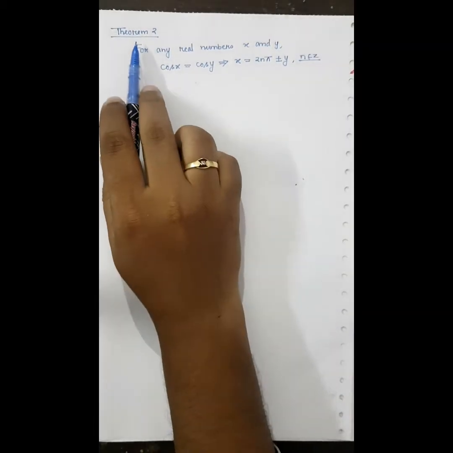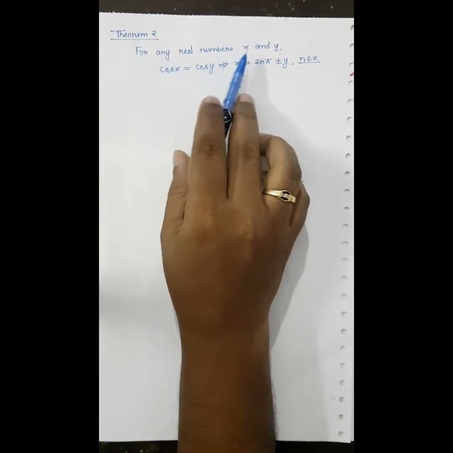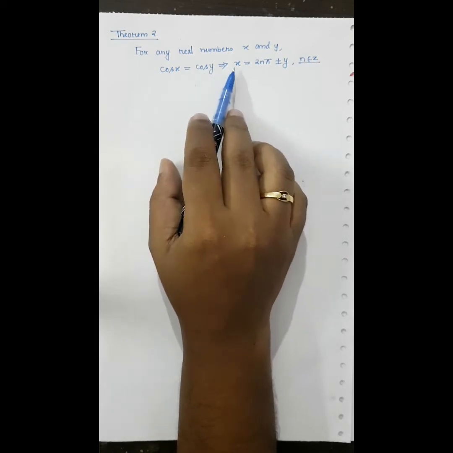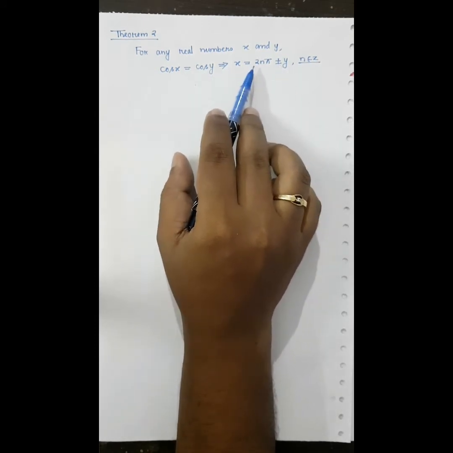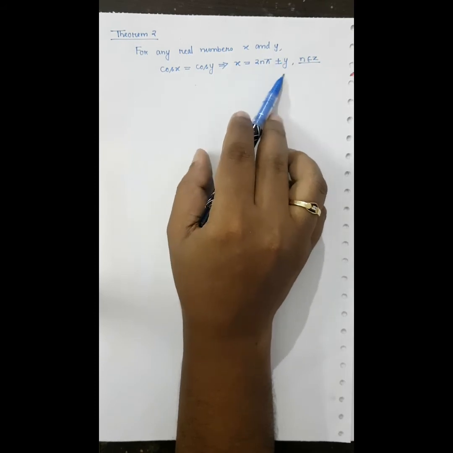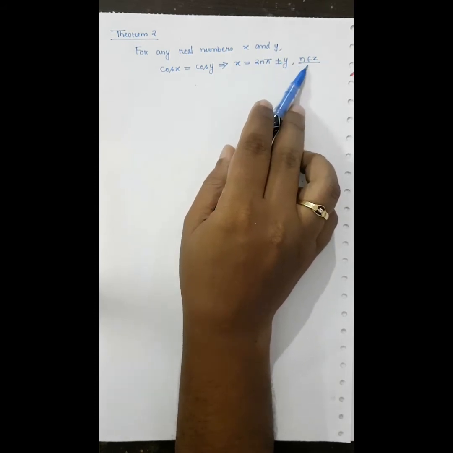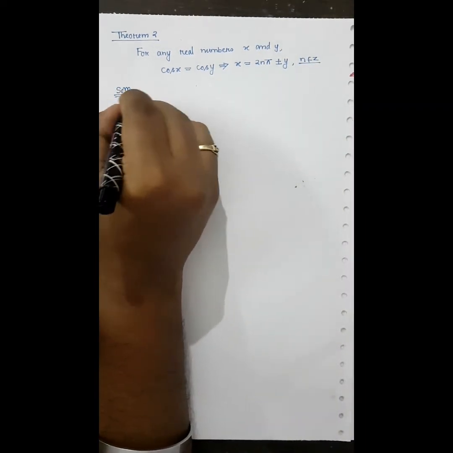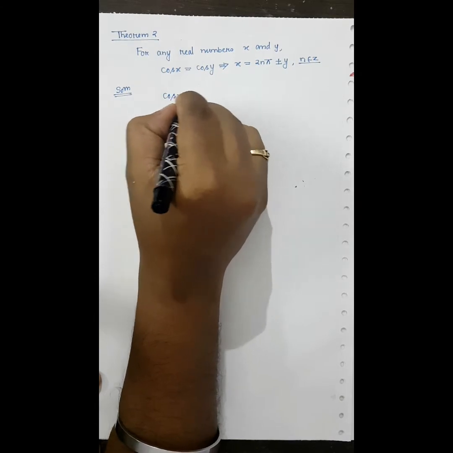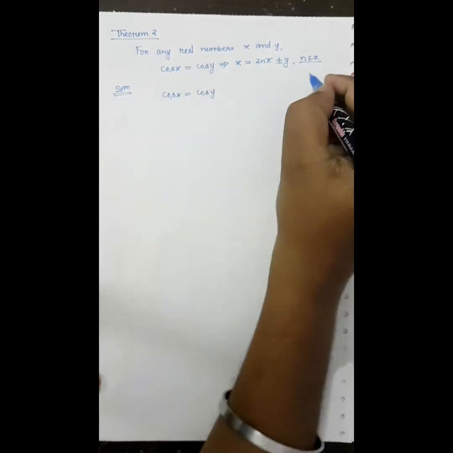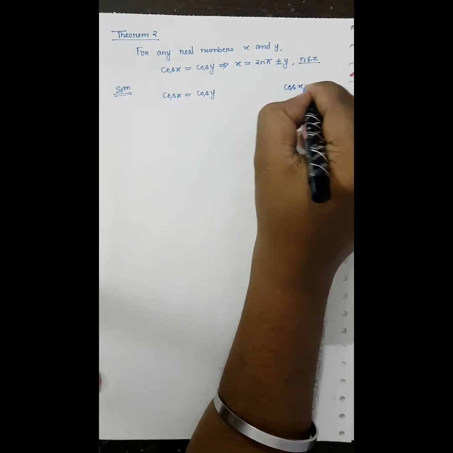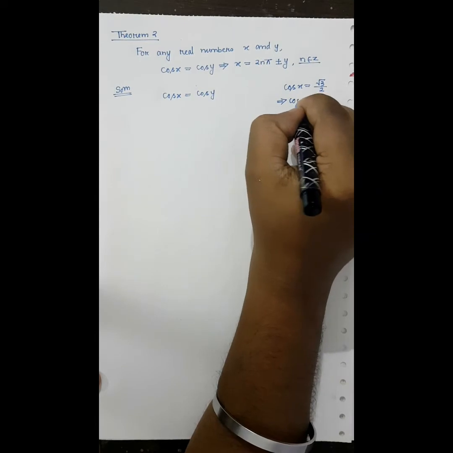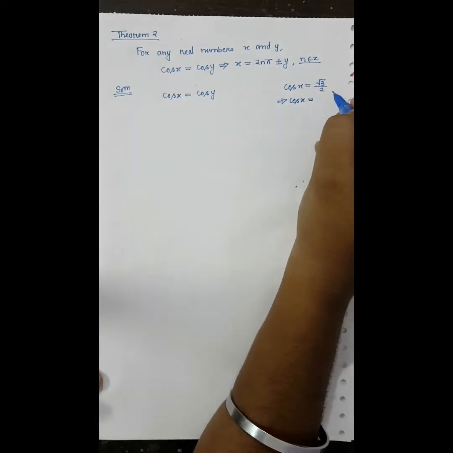Now theorem 2. For any real numbers x and y, whenever cos x is equal to cos y, then x can be expressed in terms of y as 2n pi plus minus y, where n belongs to Z. Okay, so if you are given cos x is equal to cos y, for example, if you are given cos x is equal to root 3 by 2, we know that cos theta is positive in the first quadrant or in the fourth quadrant.